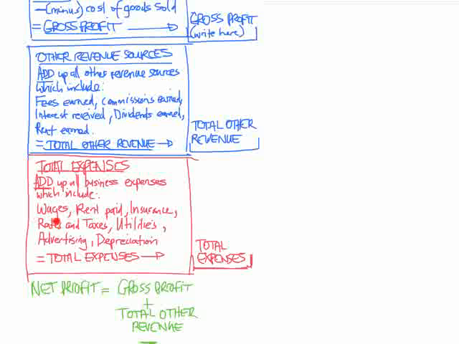So this would be paying wages to their workers, paying rent for their location, insurance they have to pay, just like work cover, rates and taxes like council rates, utilities like electricity, water and gas, their advertising, and any depreciation of their equipment. So remember that we have said the cost of a capital item can't be an expense. The depreciation can. So you add up all of those expenses and you get total expenses.